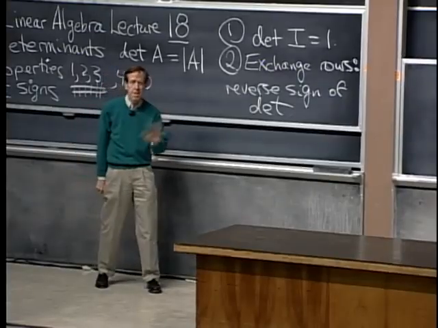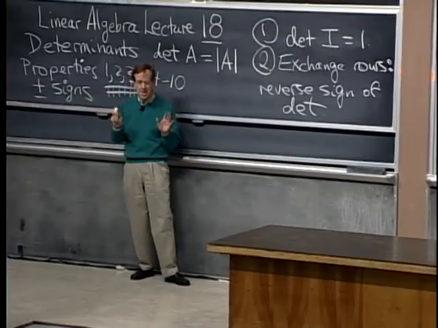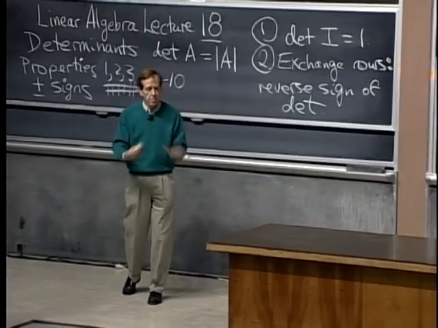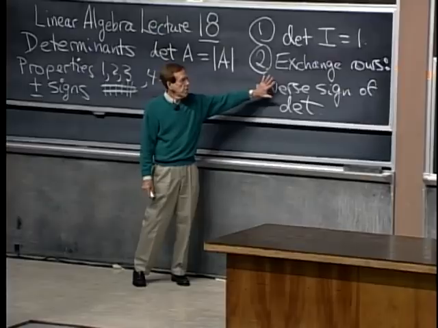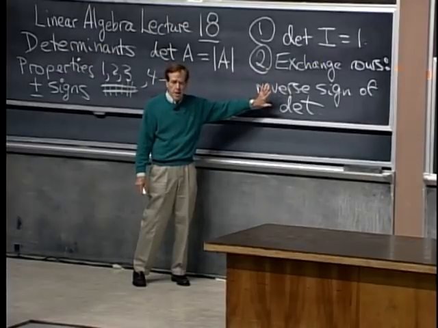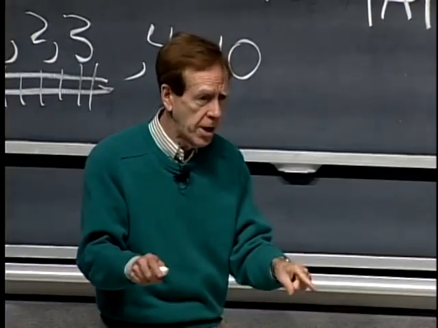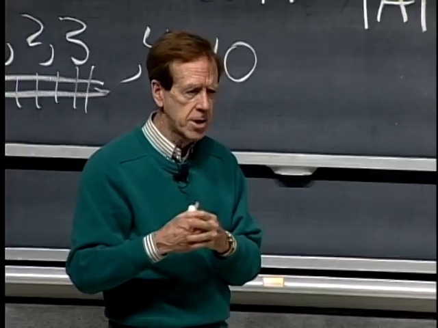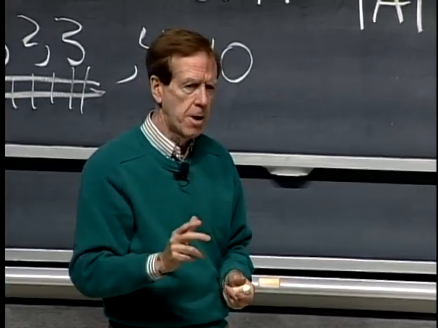A lot of plus and minus signs. I even wrote here plus and minus signs, because that's what you have to pay attention to in the formulas and properties of determinants. So that you see what I mean by a property here. I haven't yet told you what the determinant is, but whatever it is, if I exchange 2 rows to get a different matrix, that reverses the sign of the determinant.